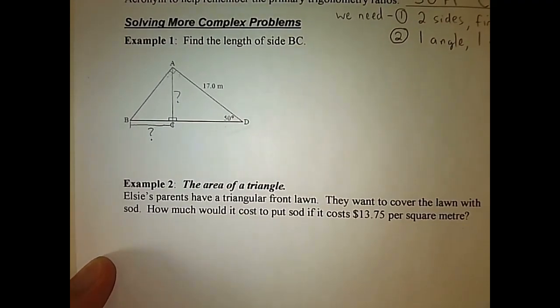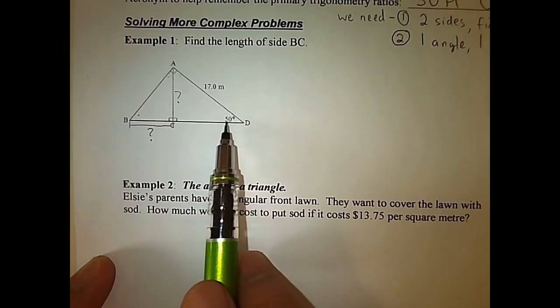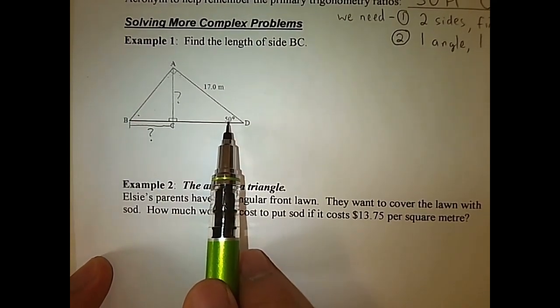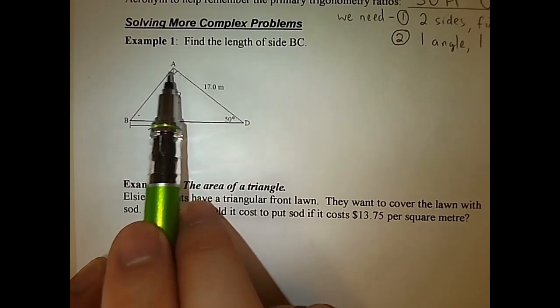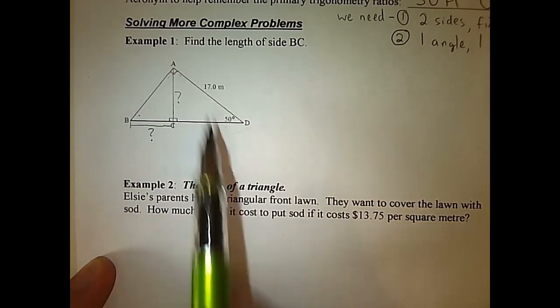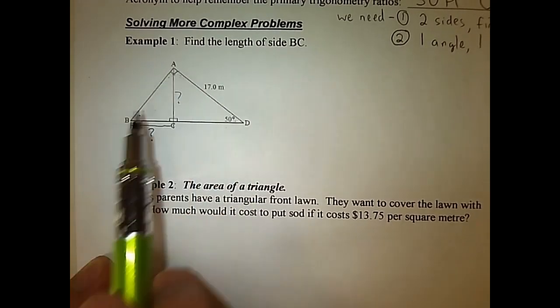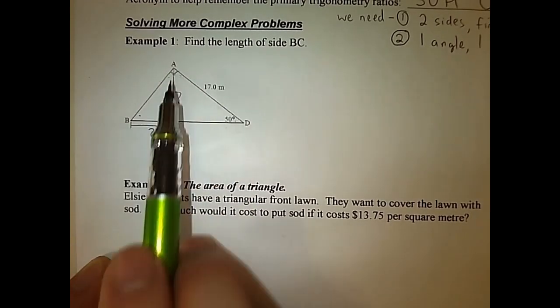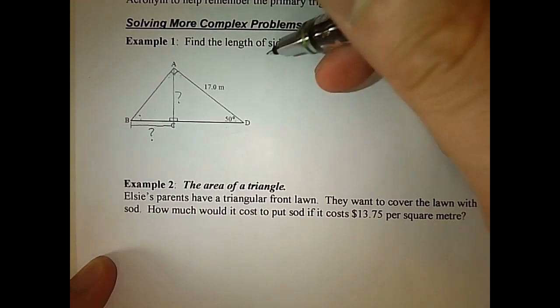Well, let's just figure out what the other angle is going to be over here. I know this angle is 50 degrees. I know this angle, all of this is 90 because of that box there. So 50 and 90. And then I don't know what this angle is, but I know all the angles in a triangle add up to 180 degrees.